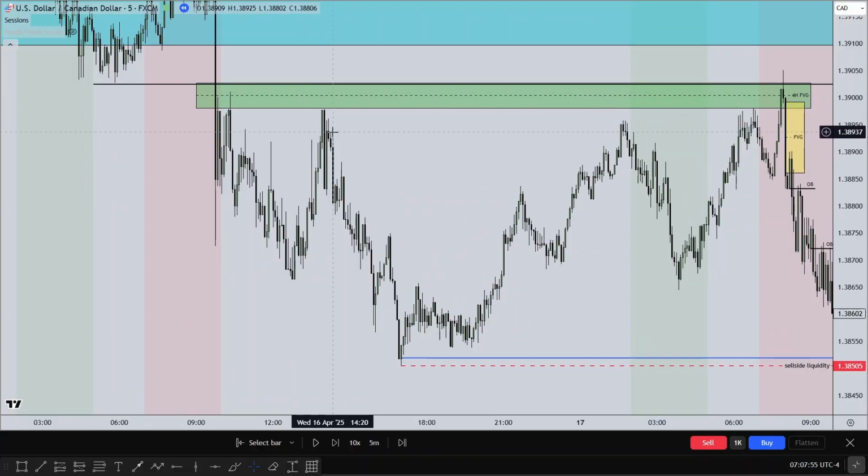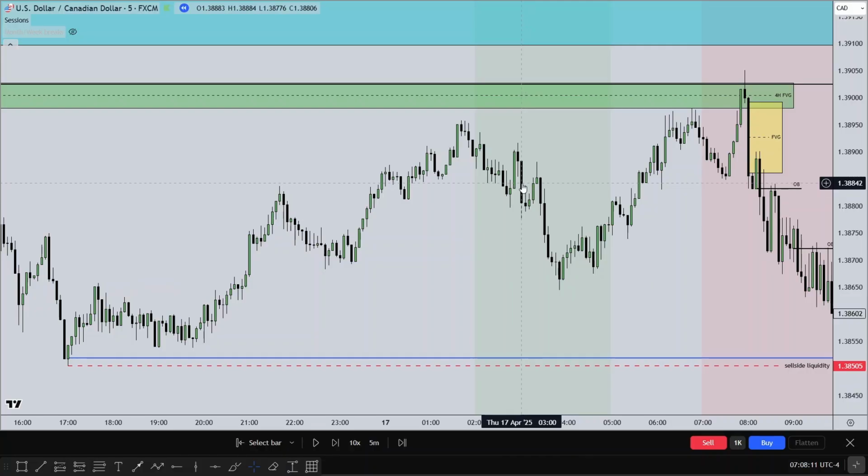Why? Because price hadn't run the 1 hour buy side liquidity. Price traded close to the 1 hour buy side liquidity, failed to run the liquidity, and did a retracement. At 3 a.m. price created a fair value gap, respected the fair value gap, and went lower.